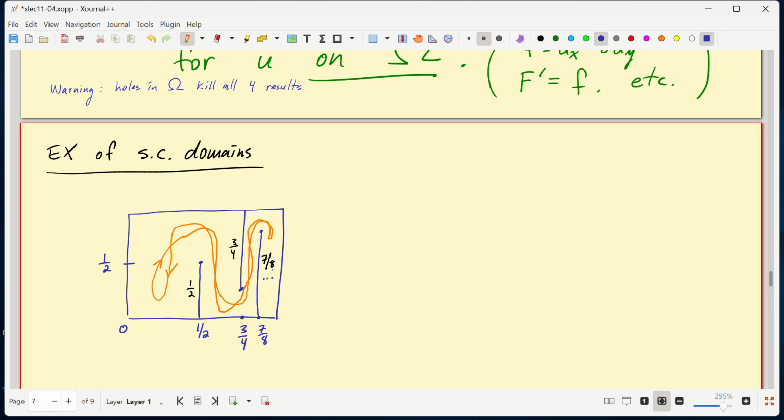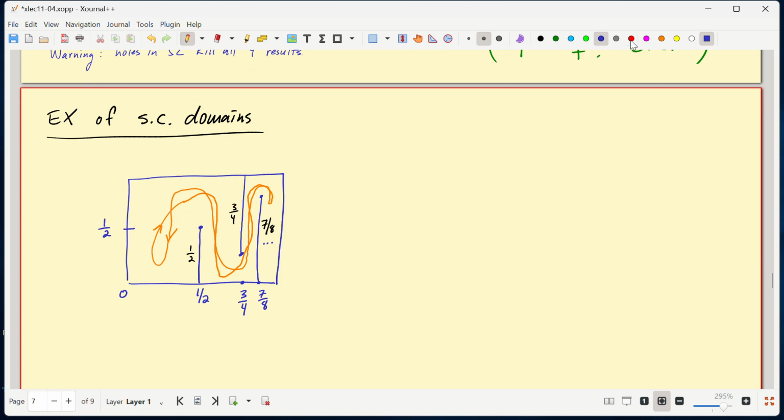So you just pull it in and reel it in and squeeze it down to a point. That gives you the homotopy. So you could do that with your bare hands. That's the spaghetti homotopy. Suck it in like spaghetti. A closed spaghetti.